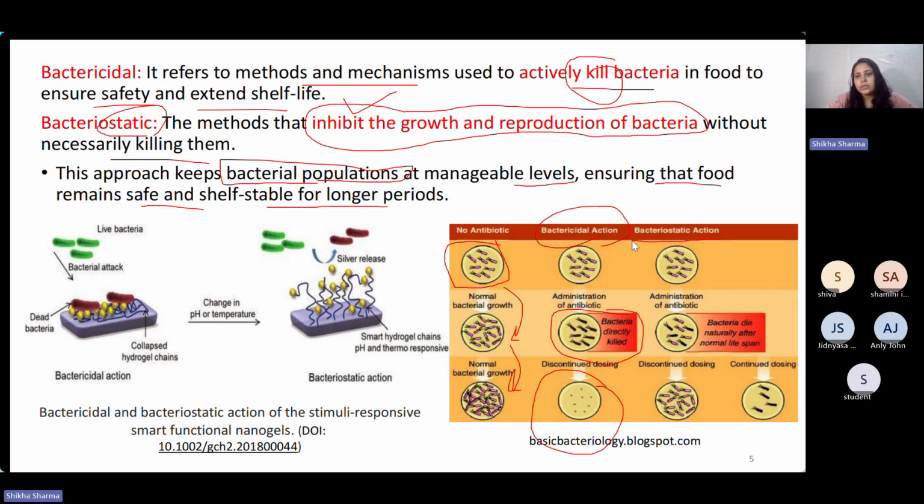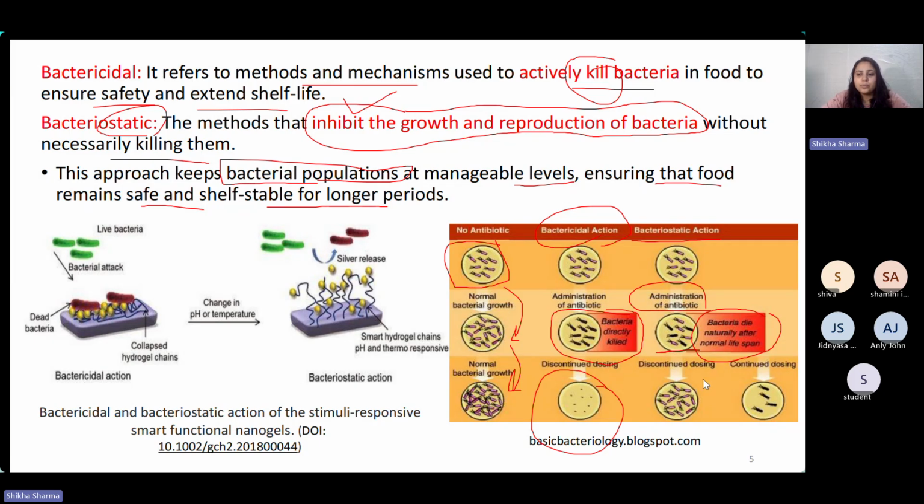When we are using the bacteriostatic agent, the bacteria will die naturally after a lifespan of some time, because it is just inhibiting its growth and reproduction.